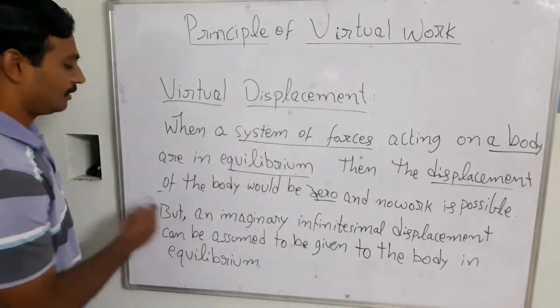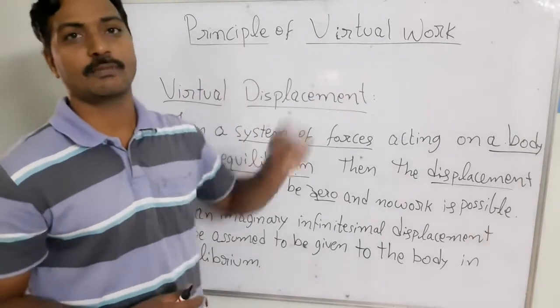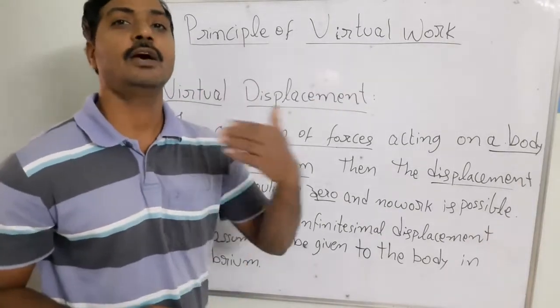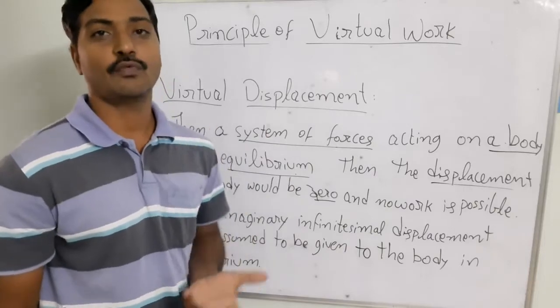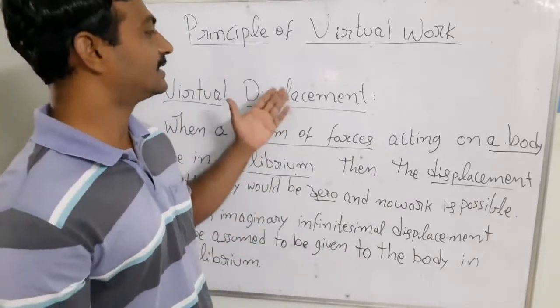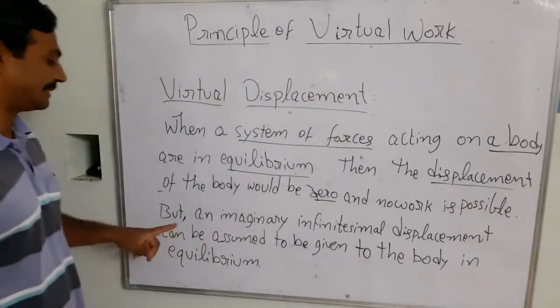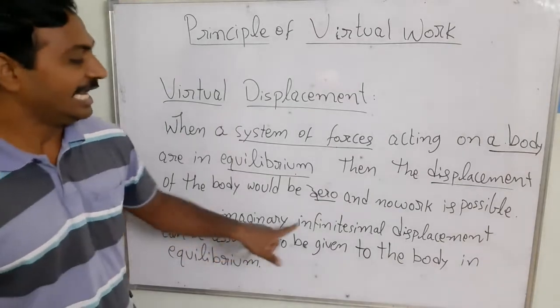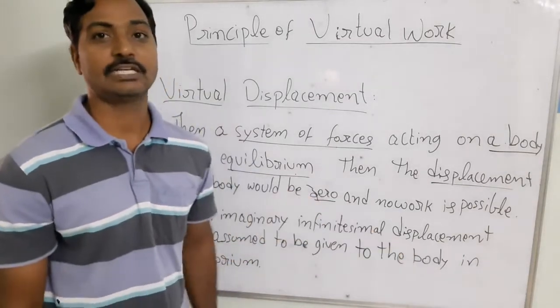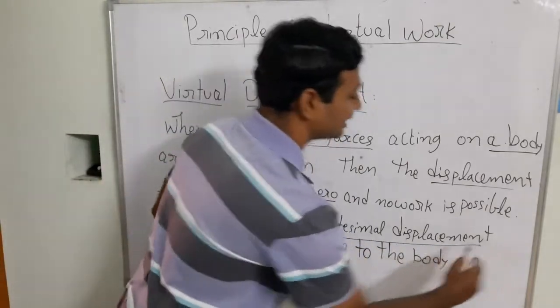But we need to use this principle of virtual work to find the forces in the respective members, the internal forces of the members. Then how can we take advantage of the principle of virtual work for this concept? Here we take an imaginary infinitesimal displacement.